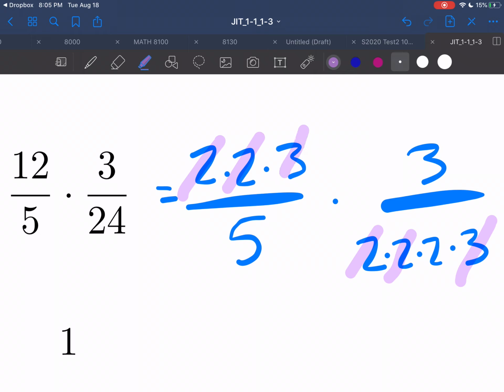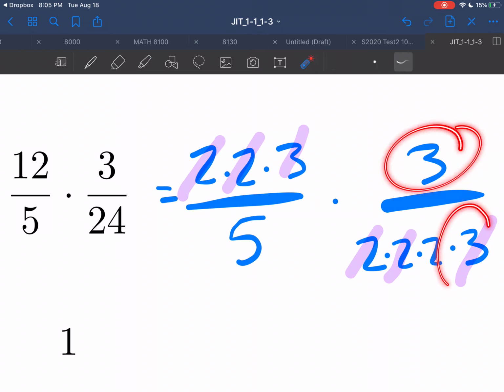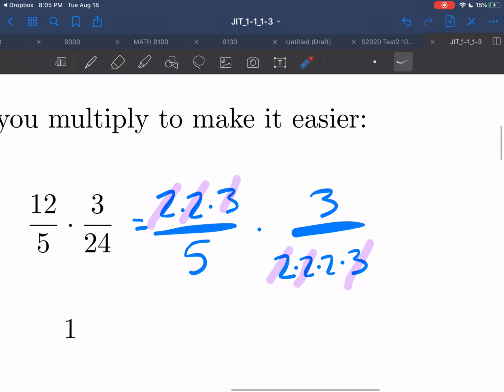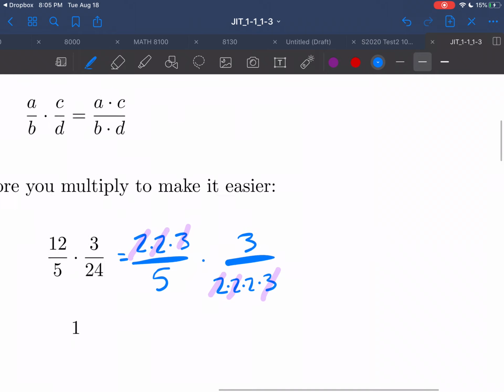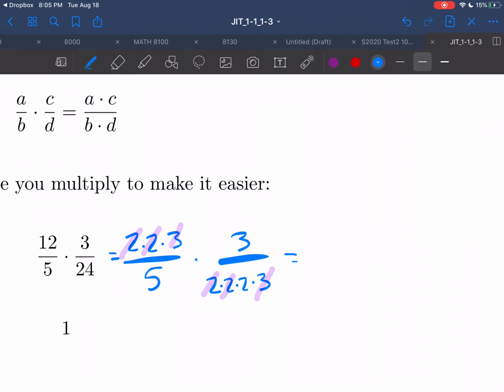We also could have canceled this 3 with this 3, but we can't do both. It's one or the other. But so we cancel everything, and then we're left with 3 over 5 times 2, which is 10.